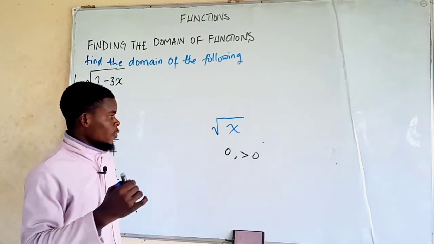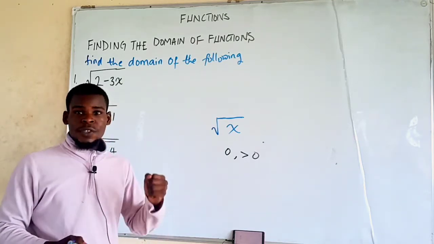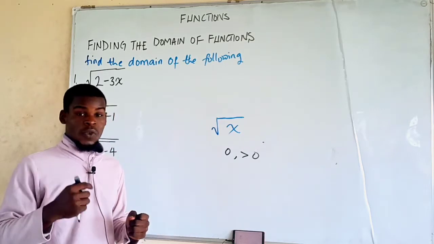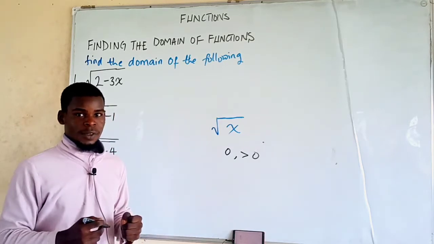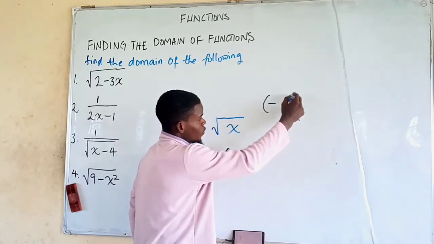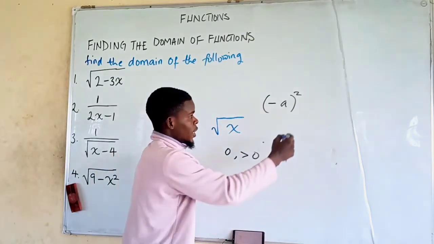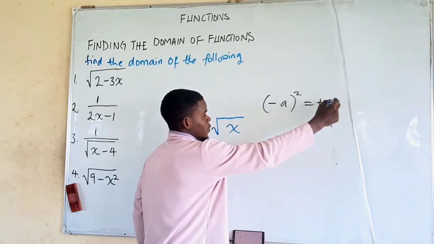Good. So if you talk about the square root of a negative number, for example, the square root of negative 4, there is no real number whose square will give us a negative result, right? When you take the square of any negative number, it becomes positive.